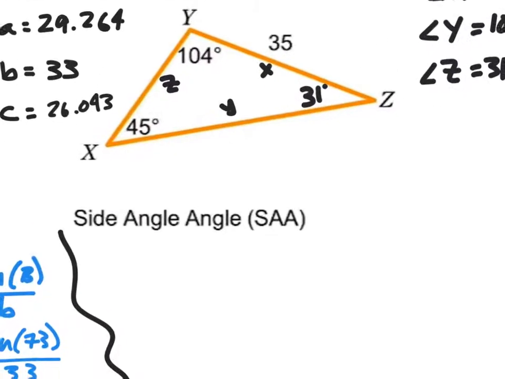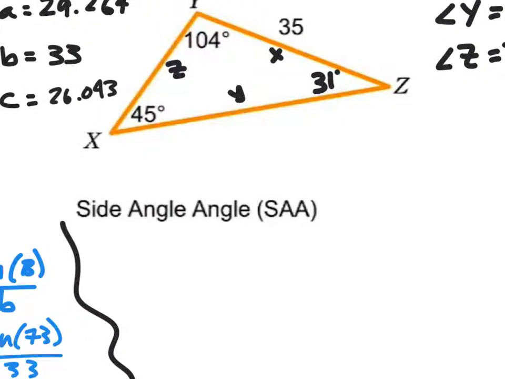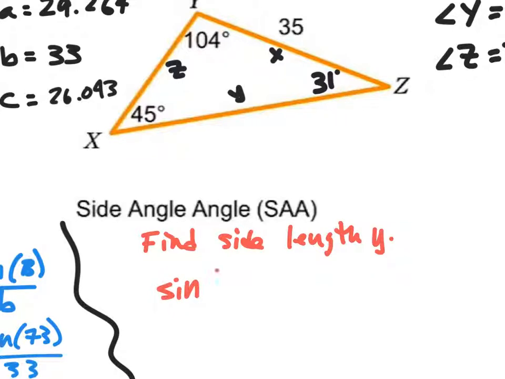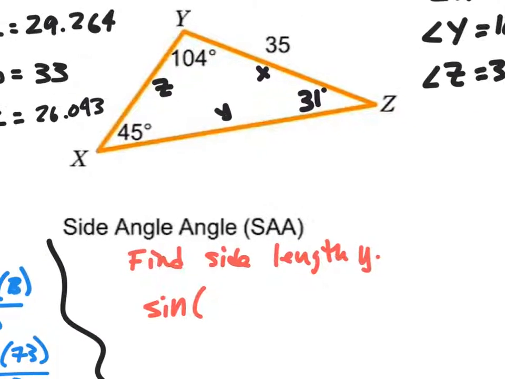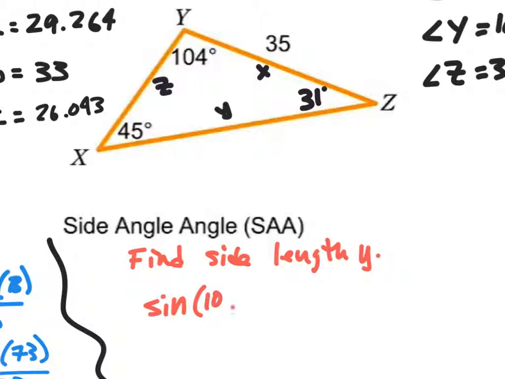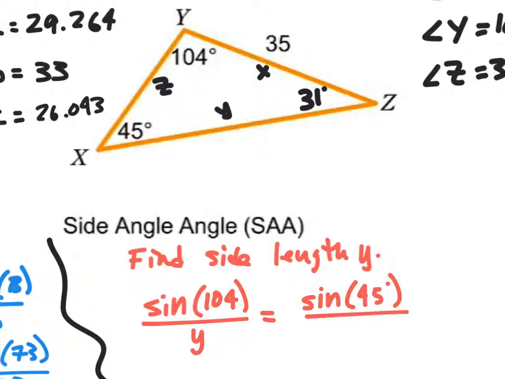So to find side length Y, I'm going to do sine of 104 divided by side length Y is equal to sine of X, which is 45 degrees, over 35.